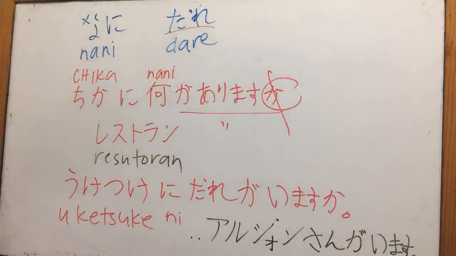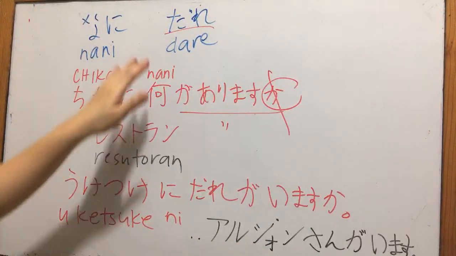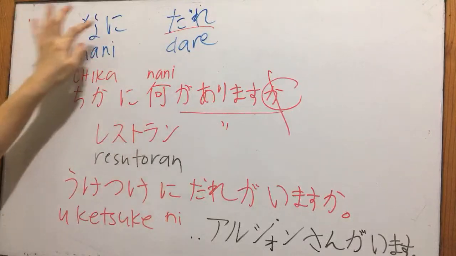So, yan yung name niya dyan. Si Aljon-san. So, Aljon-san ga imasu. Okay? Aljon is there. Aljon, this is the name, is there. Okay? That is for our arimasu and imasu for our question.